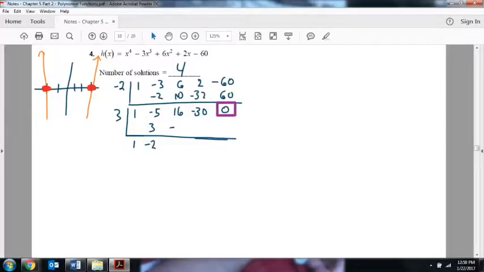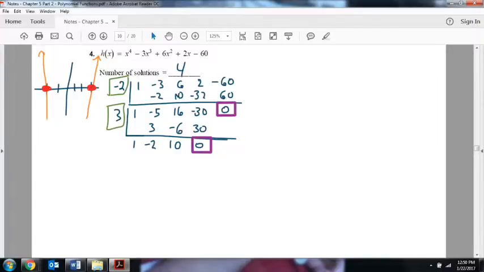Negative 2 times 3 is negative 6. That goes down to 10. 10 times 3 is 30. That's a 0. There we go. Mr. Hunter's going way too fast. So we've just proven, because the remainder is 0, that those are both actual factors.